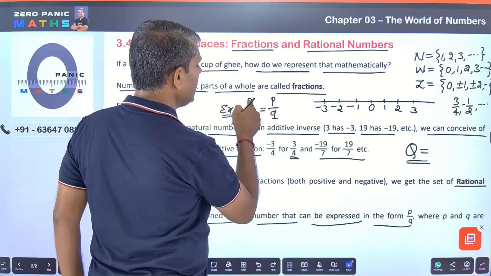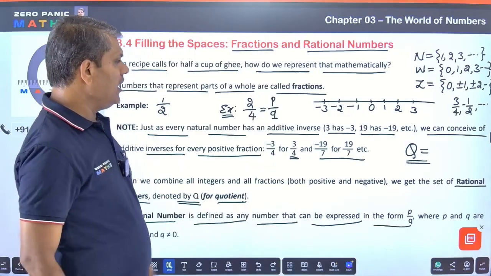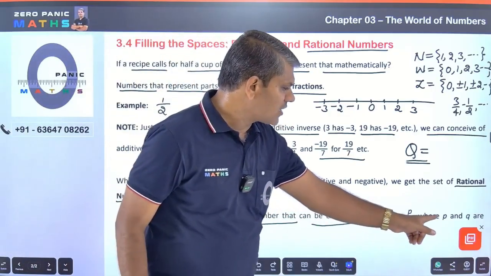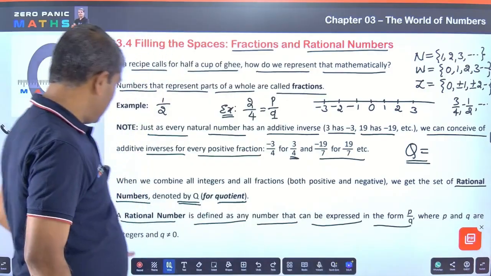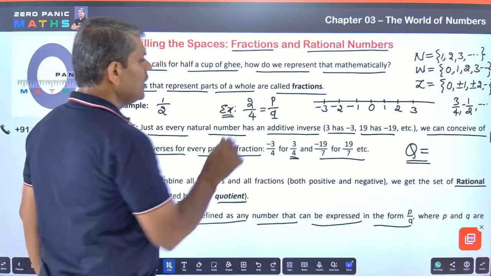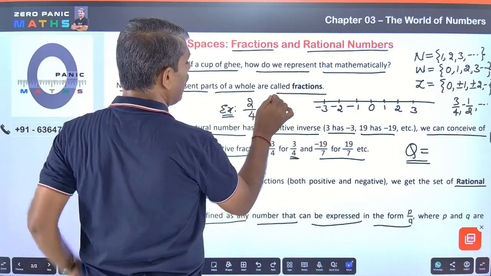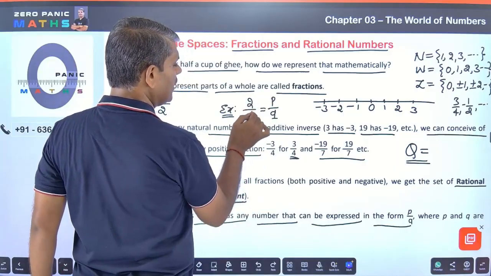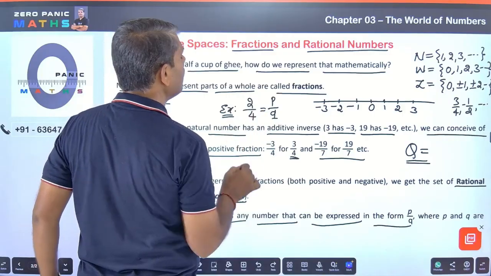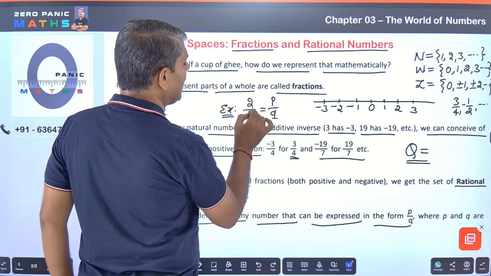See, p is the numerator and q is the denominator, provided p and q are integers, and q should not be equal to 0. So there are conditions. Any number that can be represented in the form p by q, where p and q are integers.